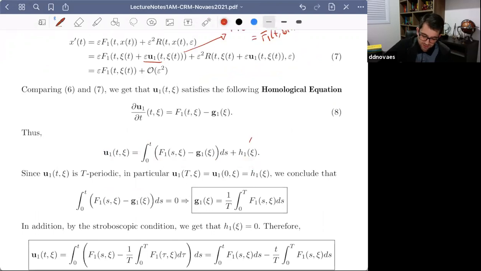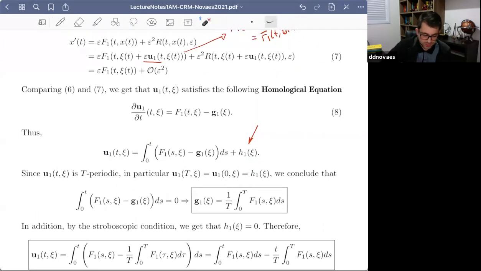And for averaging without the stroboscopic conditions, it is exactly this kind of function that breaks the uniqueness of the possibility for u and g.